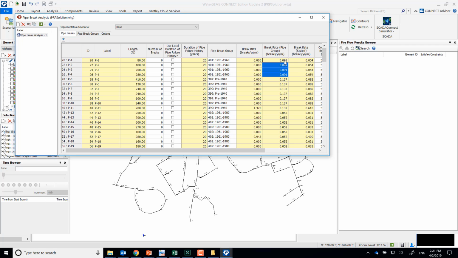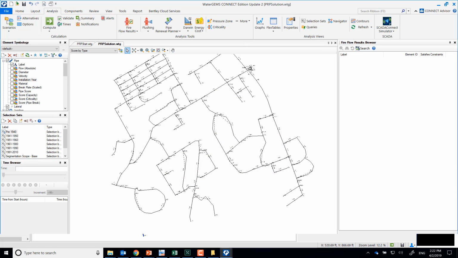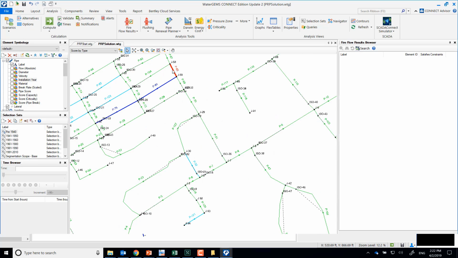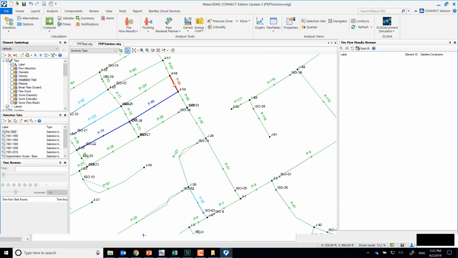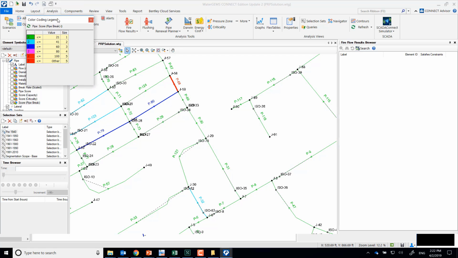Okay, and we're going to use this data to calculate what I was showing here. So let me go back to pipe break. And we can see that this one, for example, has a high possibility of, or a high score, which means it's very likely to break.